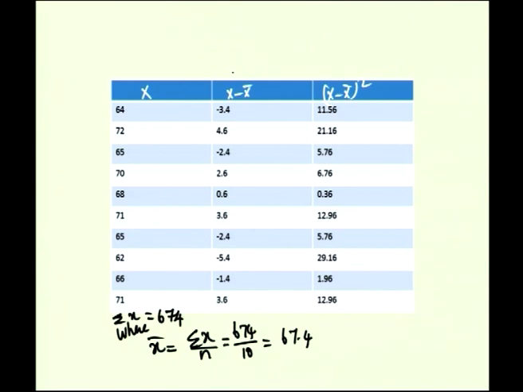So, here each value is subtracted with 67.4, which gives minus 3.4 and 4.6 etc. These are the squares, x minus x bar whole square: 3.4 whole square, 4.6 square, like that this column has been formed, and the total of x minus x bar whole square is equal to 108.4.